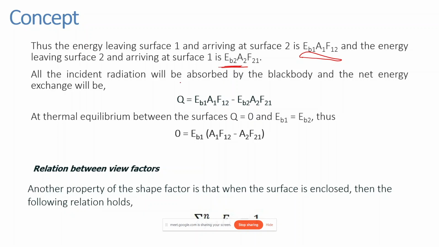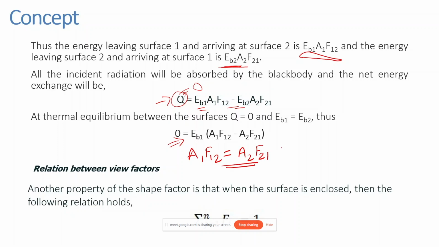All the incident radiation will be absorbed by the black body, and the net energy exchange is given by this term. At thermal equilibrium between the surfaces, this Q will be equal to 0, and if EB1 is equal to EB2, then we get this correlation, and by solving this we get A1 F12 is equal to A2 F21.